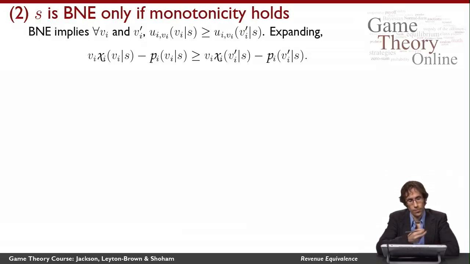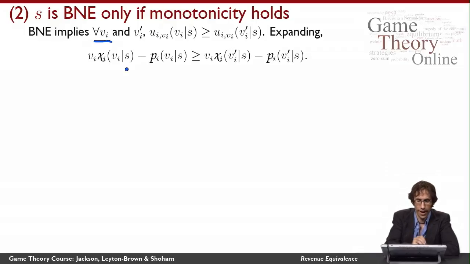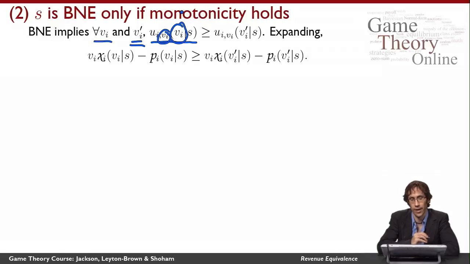Again, I'm going to make the same kind of argument that I made before, that having a Bayes-Nash equilibrium implies that for all valuations that the agents could have, and all other valuations that they could pretend to have, the utility that agent i gets on expectation from really having valuation vi and playing as though he has valuation vi is at least as big as the utility that he gets from really having valuation vi and playing like he has valuation vi prime.